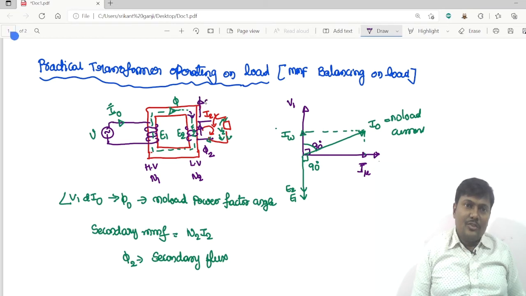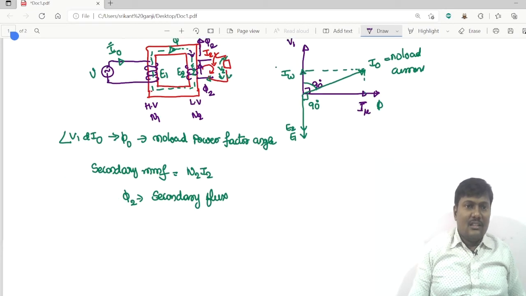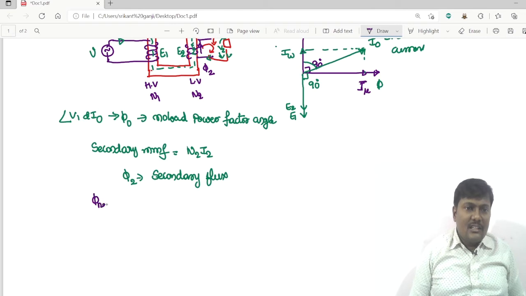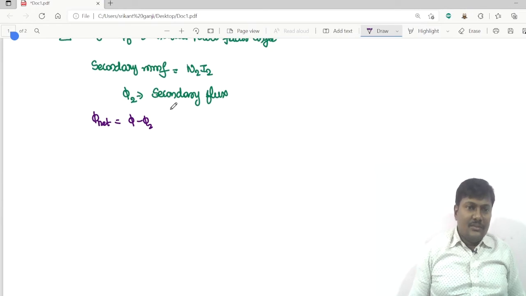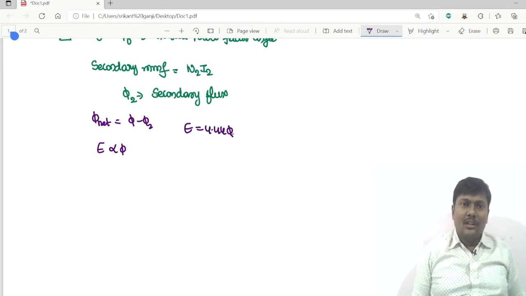The flux produced by the load is in the opposite direction, so the net flux will decrease: phi minus phi 2. Because of this, EMF, which is directly proportional to flux, will decrease. Why? Because E is equal to 4.44 into phi m into f into N1 or N2. The EMF value will decrease, so E2 minus V2.